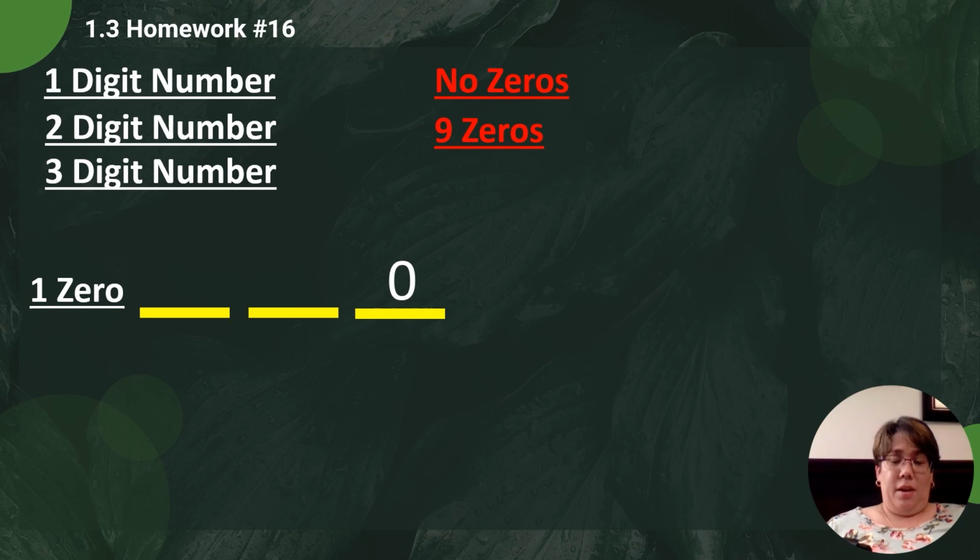So there are 9 numbers that could go here and 9 numbers that could go in that blank, and I can multiply those together. So there are 81 numbers total that end in a 0 in this format.